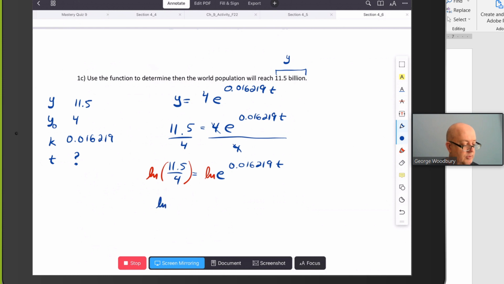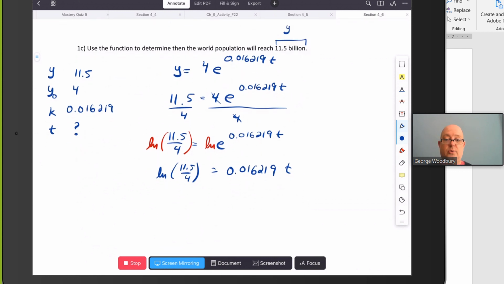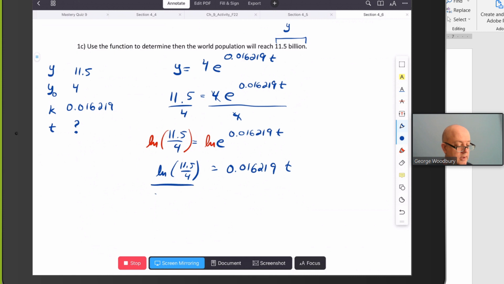On the left-hand side, we just have the natural log of 11.5 divided by 4, whatever that is. On the right-hand side, natural log of e leaves us with just the exponent, 0.016219 times t. And now we can divide over that value of k, 0.016219.